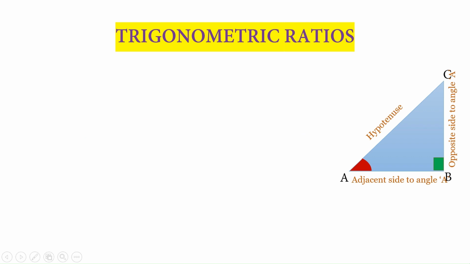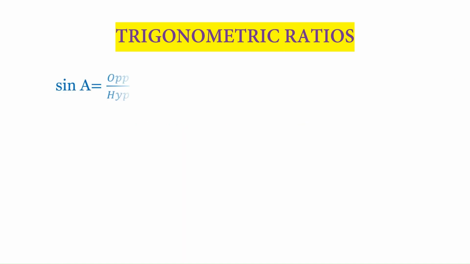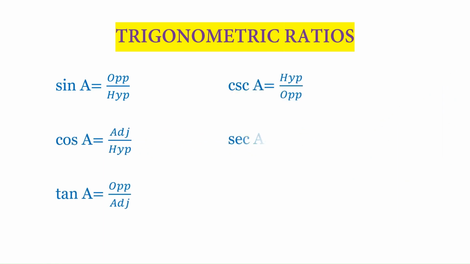And the last one here is cotangent A or cot A. This will be equal to adjacent upon opposite, that is AB upon BC. These are the six ratios we have: sin A, cos A, tan A, cosecant A, secant A, and cot A.